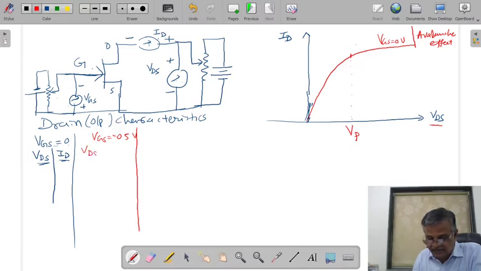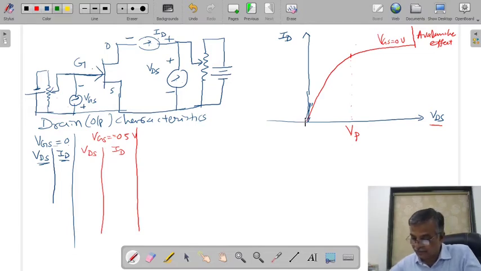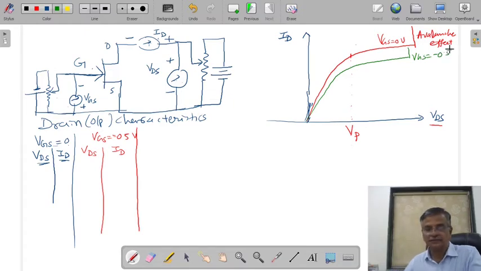Now again I am increasing VDS and the corresponding drain current is measured, then a graph of similar shape is obtained, but it is shifted in a downward direction. As I keep VGS minus 0.5, this voltage is negative.